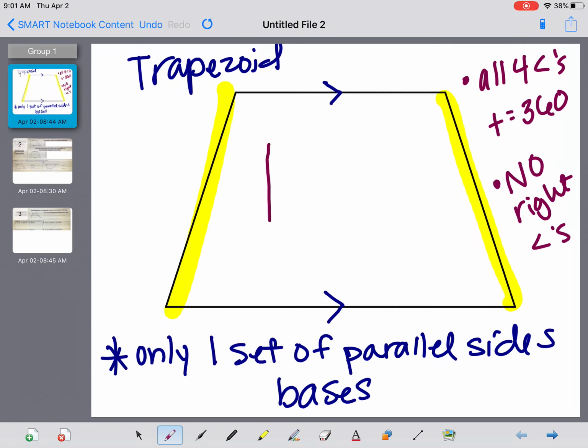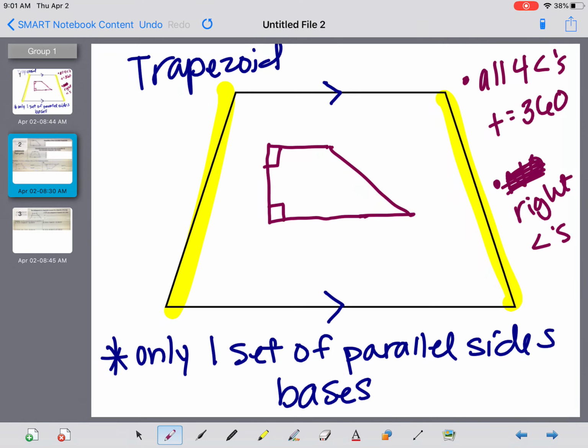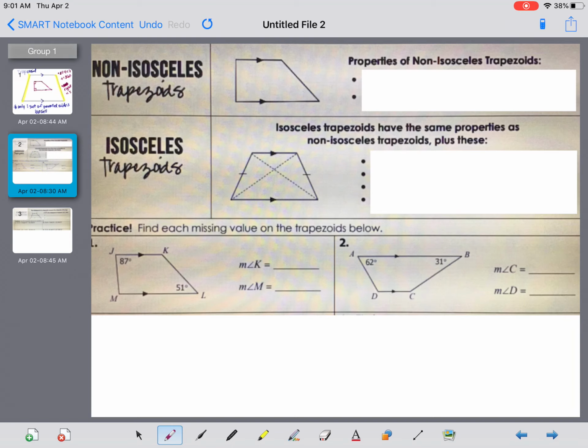You can have what's called a right trapezoid. A right trapezoid would look something like this. In which case there would only be the right angle here and the right angle there, okay? So I guess I shouldn't say no right angles, but there's not four right angles here. All right, so that's your trapezoid.